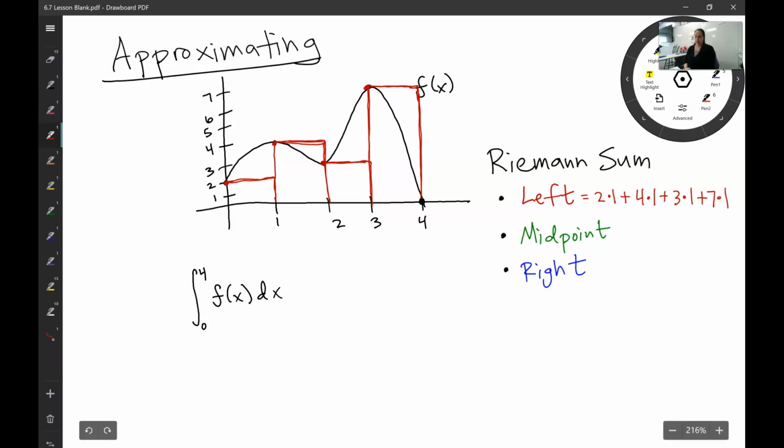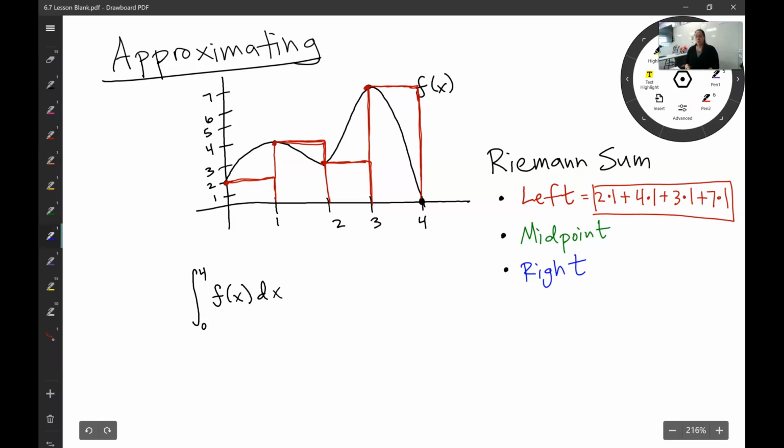And here's where that big thing comes in, that approximating. You can tell that these rectangles are not actually that area under the curve, but it is a fairly good approximation. It's just approximating. Now, here's the other cool part. You guys love this. You don't need to simplify. You can leave it like that.